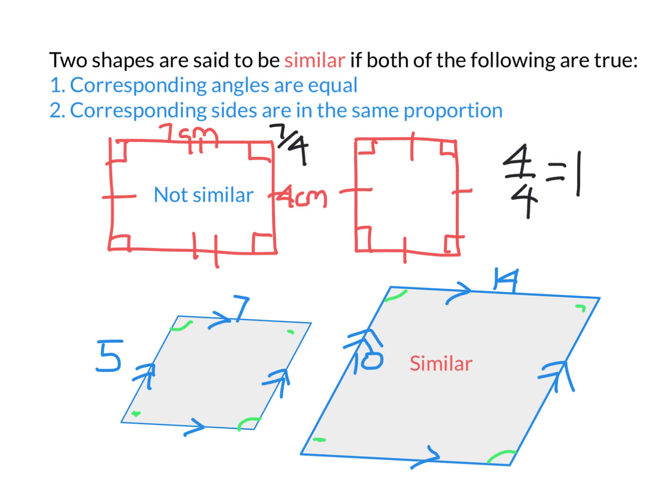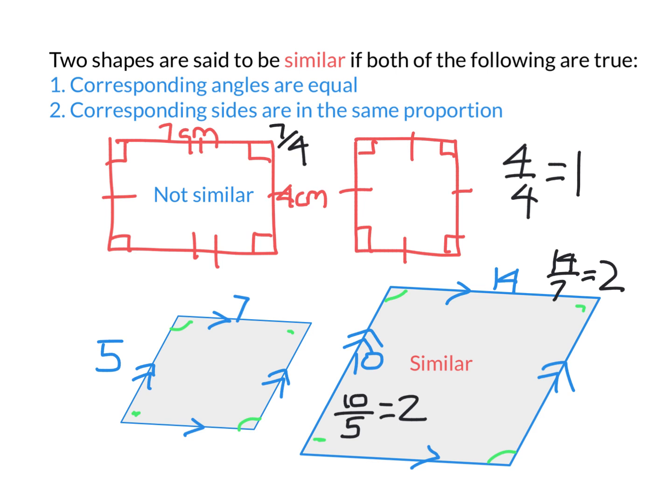That's because the ratio of the longest side of the two shapes is 14/7, which is 2. The ratio of the shorter sides of each shape is equal. 10/5 is 2. So this number 2 is called the scale factor. Basically, sides in this larger shape are double the corresponding side length in the smaller shape. So these two shapes are similar.